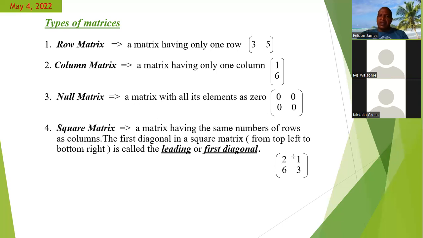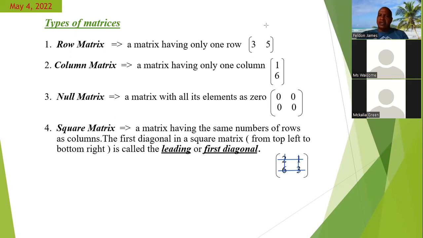A square matrix has the same number of rows as columns. So in this case, we have one row, two rows, so we have two rows, and then we have two columns. All right, so once you have the same number of rows as columns, we say that we have a square matrix.